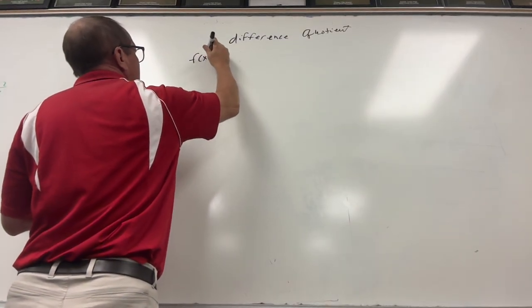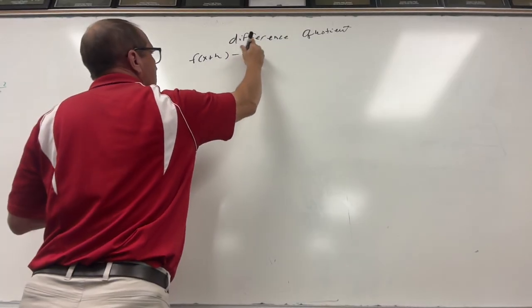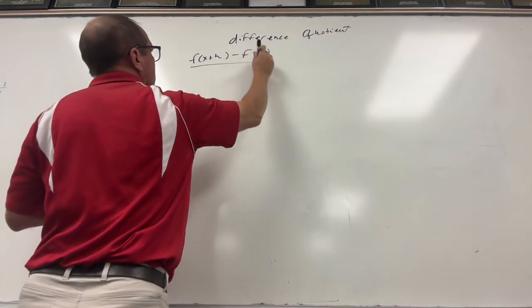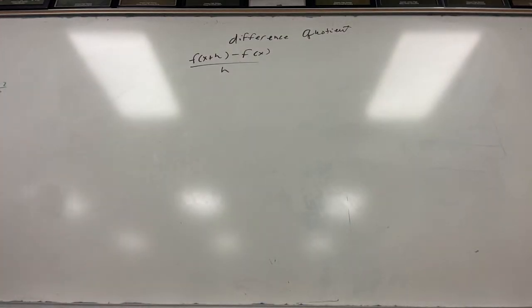No, it's more than just what I'm showing you. But this is the hardest part of it. The easier part of it is the canceling stuff out with limits. So, again, it has this f of x plus h in it minus f of x over h.